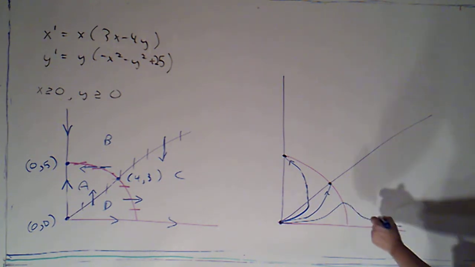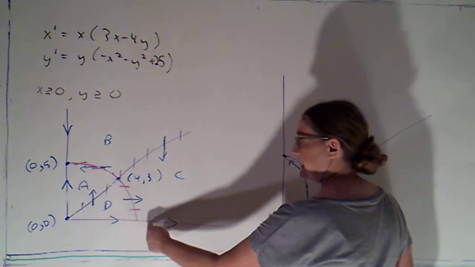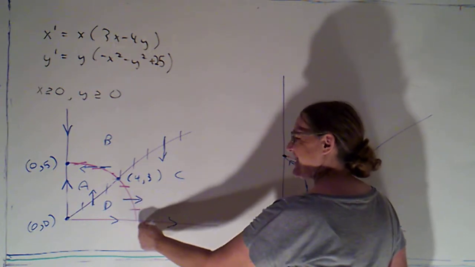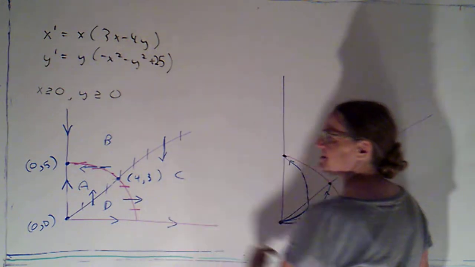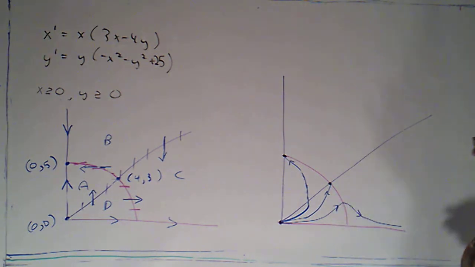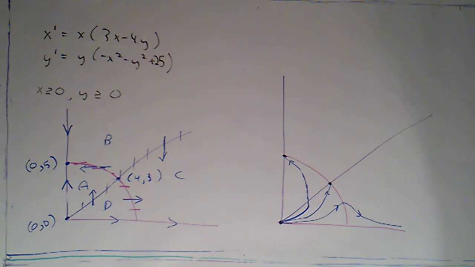And of course I'd have to level out because I can't cross this line, since here I know that y prime was 0. If I start on this line, I'm going to stay on this line and just go straight to the right. Okay. All right, so those are the solutions that I could get if I started in D.